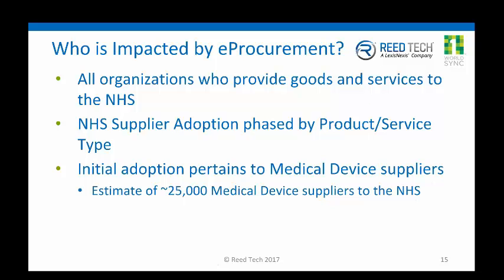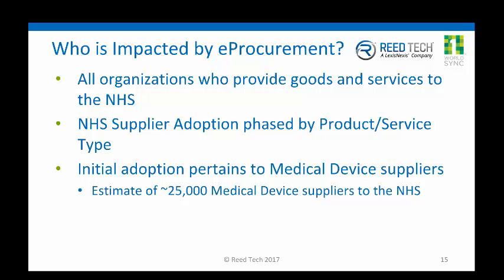So as being impacted, as I mentioned, it's all organizations providing these goods and services with the product line service type being leveraged to phase adoption. With medical device suppliers being first, there's quite a large pool being impacted. It's kind of hard to get an exact number because you don't have unique device identification in Europe right now or in the UK.